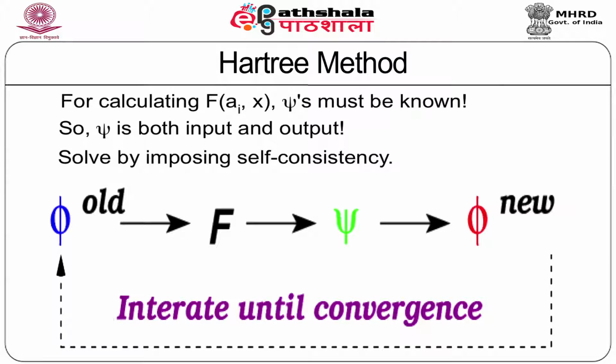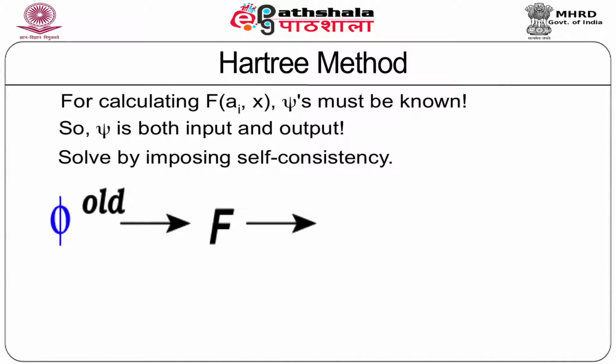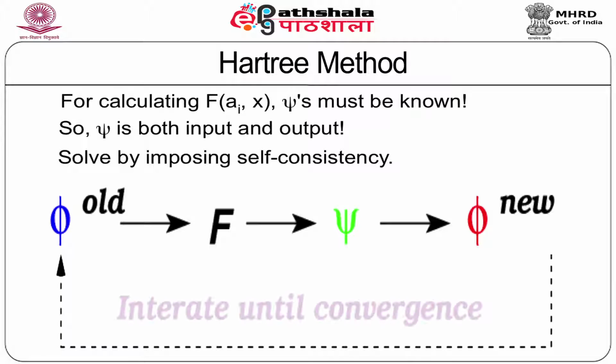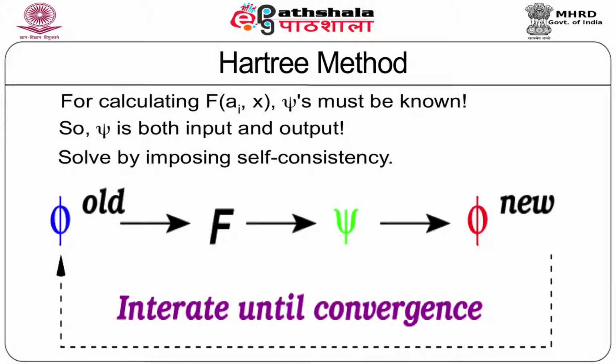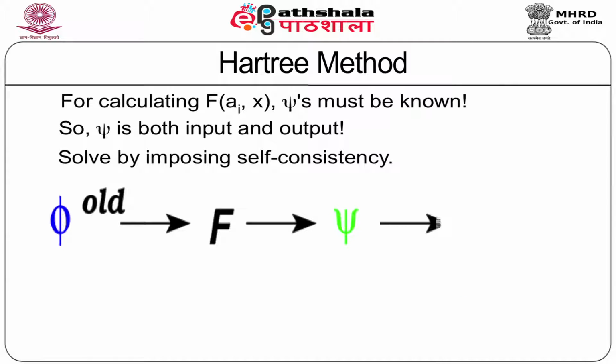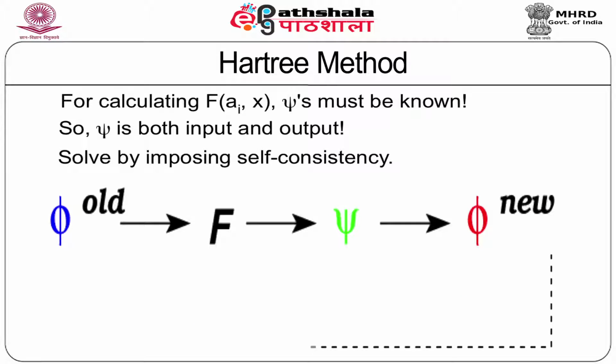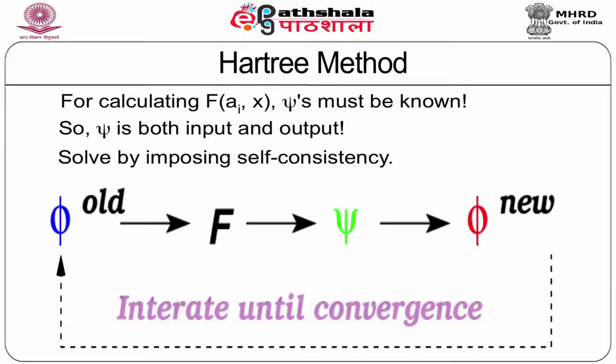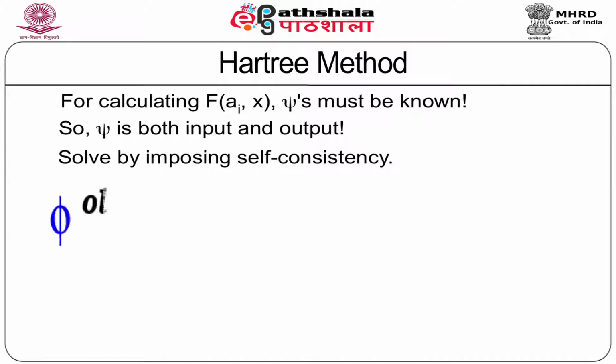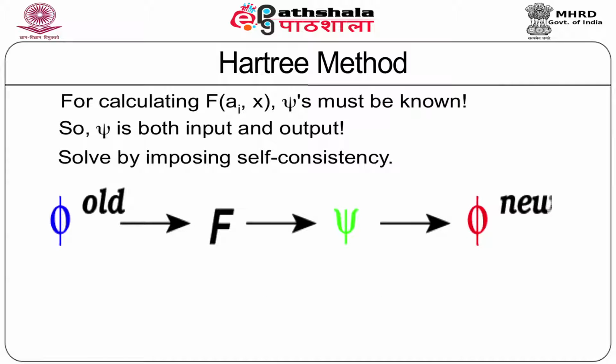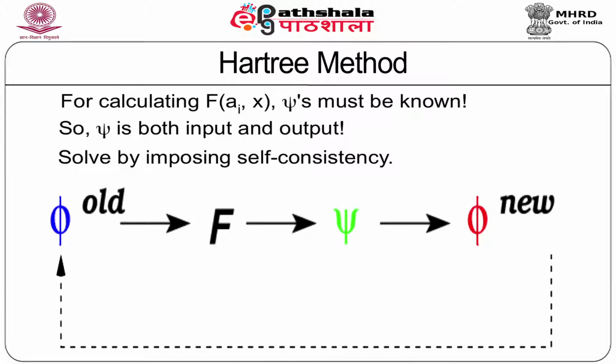We assume some form of the single electron wave function, given by phi. From there, we calculate f by using the equation shown in the previous slide. One then solves the Schrödinger equation given by little h plus f times psi equal to epsilon psi to get the form of the psi.